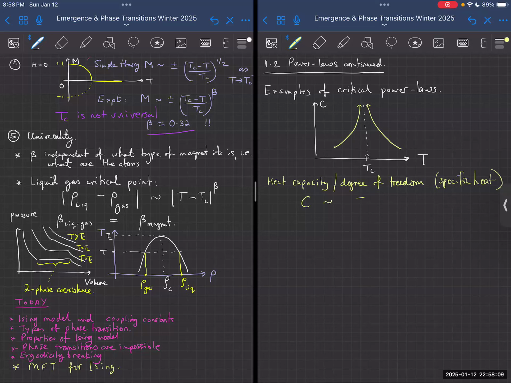Near a phase transition, it goes as (T minus Tc) over Tc to the power minus alpha, as T tends to Tc from above or below.